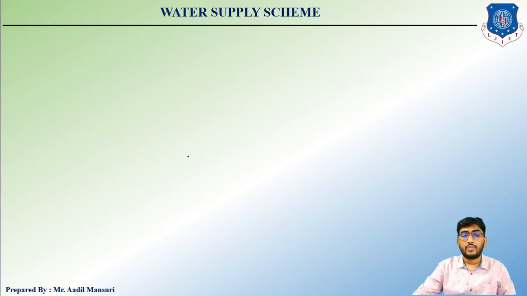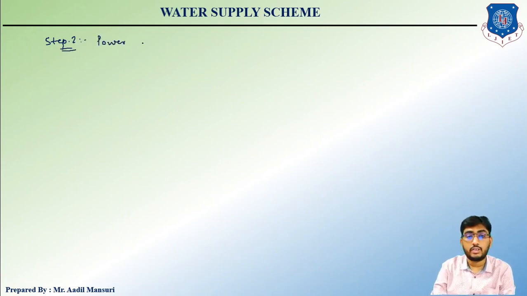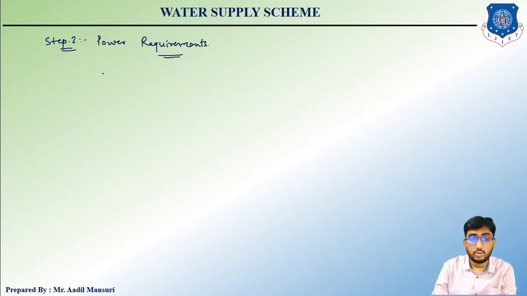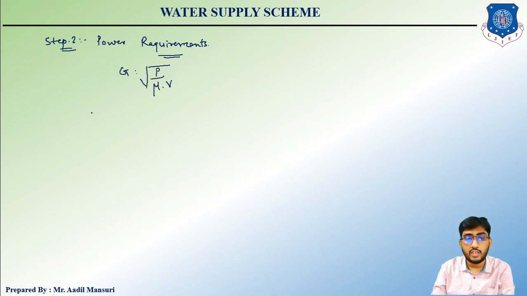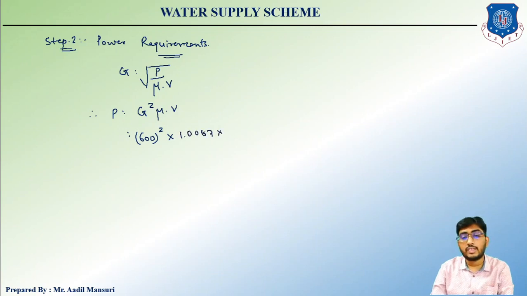Okay, so let us start with the next step, that is step 2, where we will be finding out power requirement. As we all know this equation, G equals under root of P by mu into V, therefore can I say P equals G square into mu into V. We have assumed G value as 600, 1.0087 into 10 to the power minus 3 will be mu, into 2.25 will be the volume.